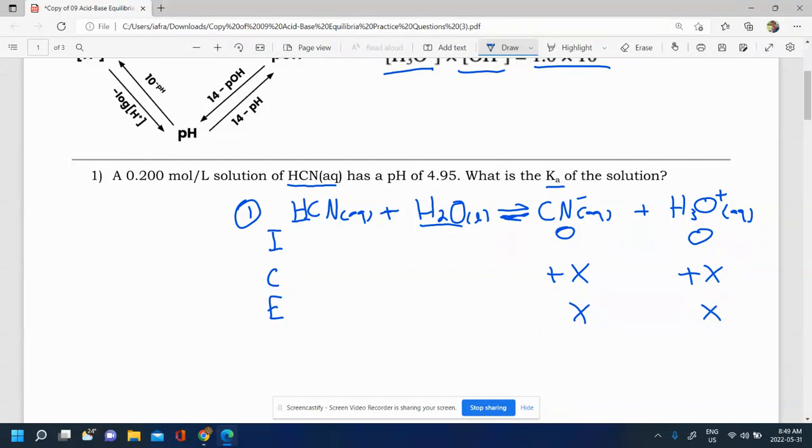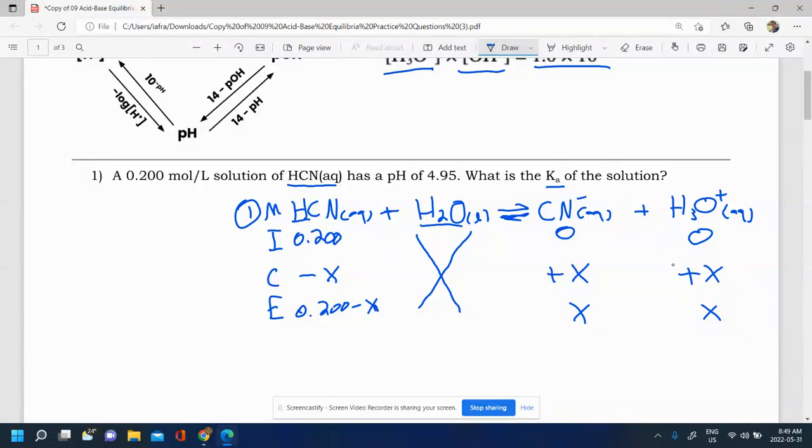If the coefficients were different, you might have 2x, 3x, so on and so forth, but right now it's just x and x. We don't really need to care about the water because the water is a liquid, its concentration won't be changing. And we have our initial concentration of HCN, which is 0.200 mole per liter. And that would be minus x. And so the equilibrium expression would be 0.200 minus x.